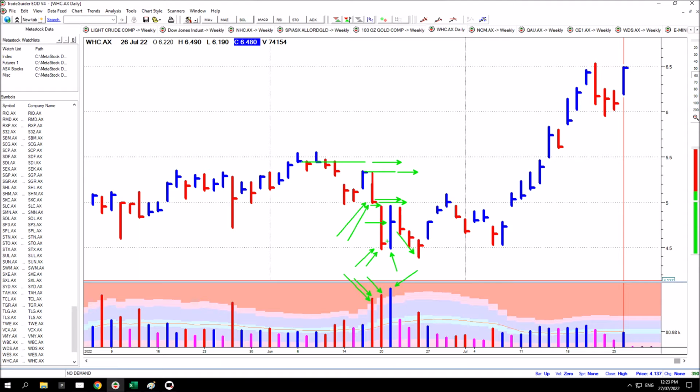So if we call this, let's tidy it up, if we call this a 2-bar shakeout or an attempt to shake out, this is like a test of the lows of the shakeout. So you've had a shakeout, a test of the shakeout, a response higher, and then a secondary test through here at the same level, and then prices accelerated away.